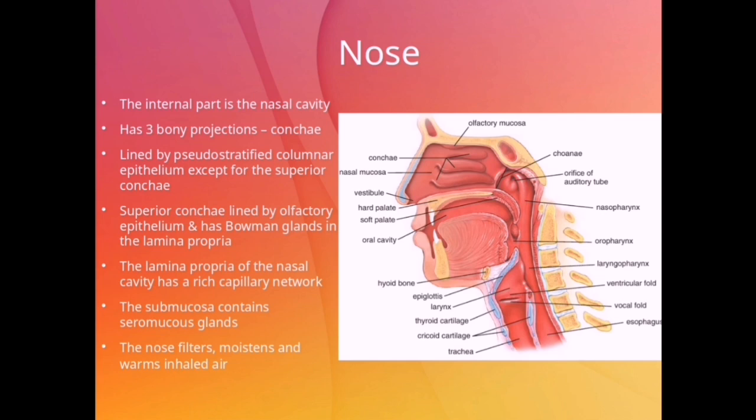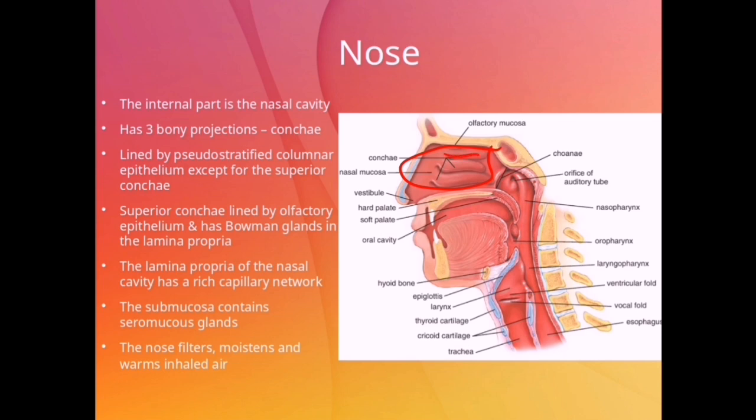The nasal cavity is the internal part of the nose, and this is lined with pseudostratified columnar epithelium, except for the superior concha, which you find at the roof of the nasal cavity. The concha are bony projections from the lateral wall of the nasal cavity.